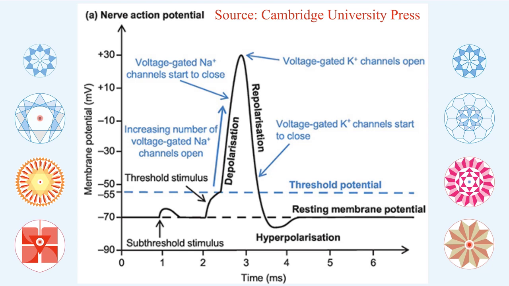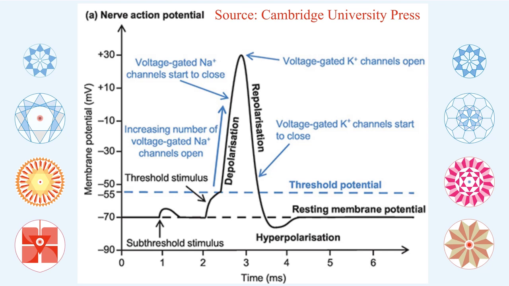As this picture says, the number of voltage gated sodium channels open. As a result, you see depolarization. But after a particular stage, the voltage gated sodium channels start to close. As a result, it comes to one particular value called plus 30 millivolts.